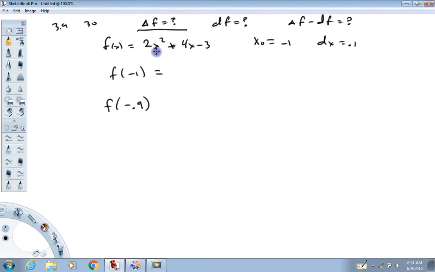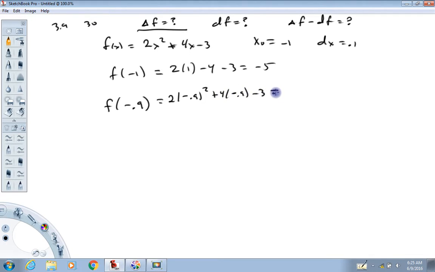F of -1 is equal to 2 times 1 for this term, this is going to become a -4 when we put a -1 right here, and then -3. That's -2 minus 3, which is -5. F of -0.9 is going to be 2 times -0.9 squared plus 4 times -0.9 minus 3.